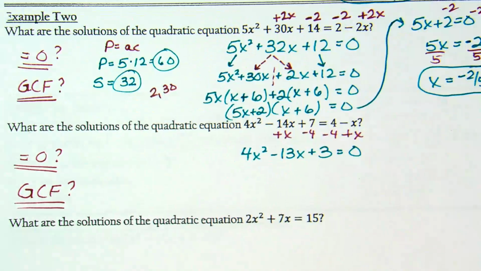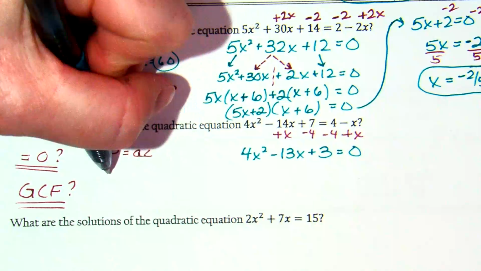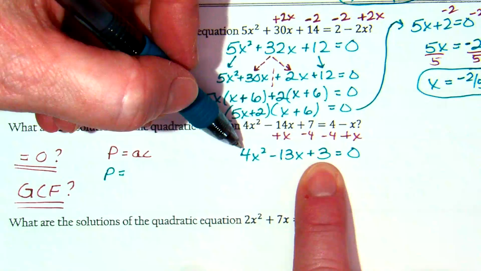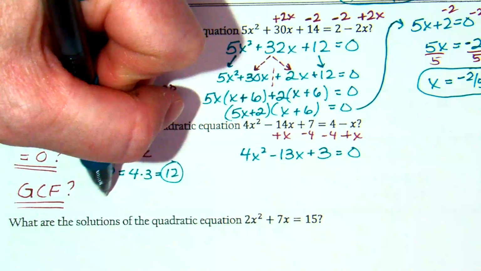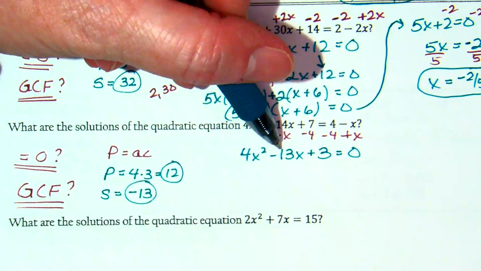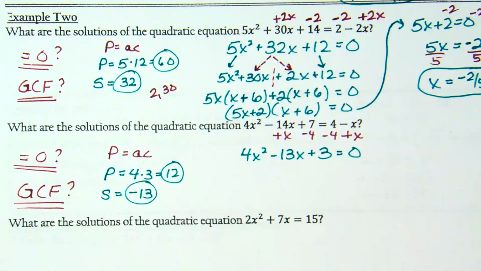Okay. What's my technique here? I've got a number in front of the x squared, so I need a product of AC. That means in this case, I need a product of, what are my A and C? 4 times 3, a product of 12, and a sum of my B term, negative 13.